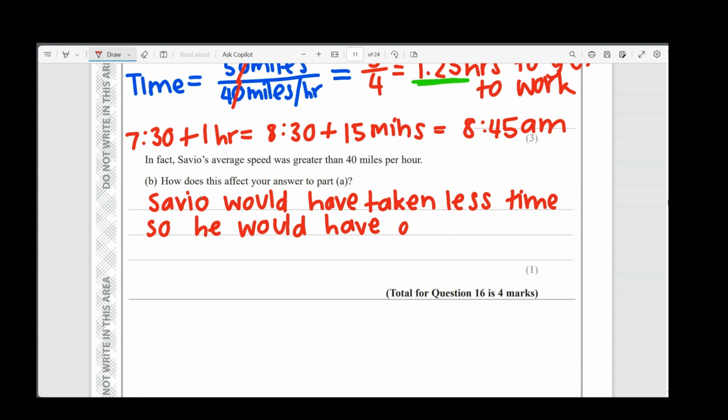He would have gotten to work, or you could have just said he would have been quicker, he would have gotten there sooner. Okay, something like that, just so we can get all the marks.